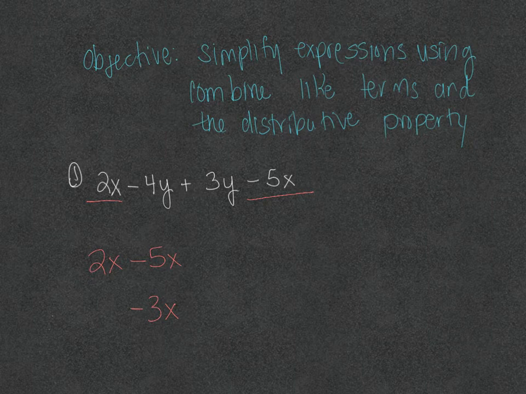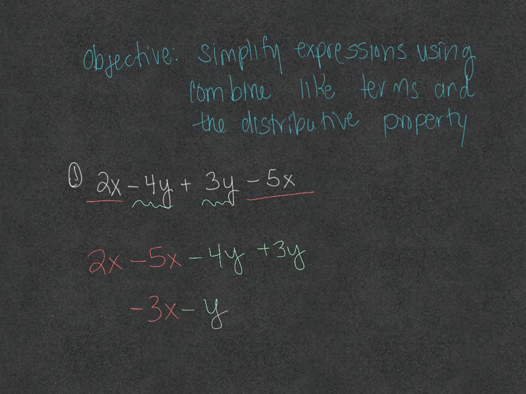I also have y terms: a negative 4y term and a positive 3y term. If I combine those, that will give me a negative 1y. And there's my expression simplified.